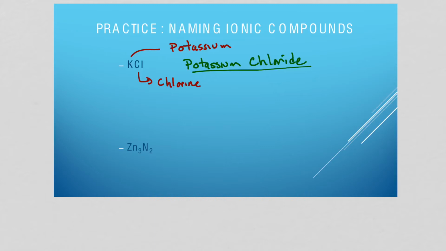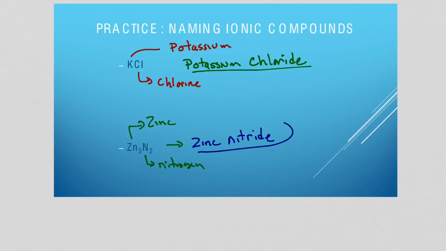So Zn here, this is zinc. So our positive ion is going to be zinc. Our negative ion here is nitrogen. And so when I name this, it becomes zinc. And again, we change nitrogen to nitride.